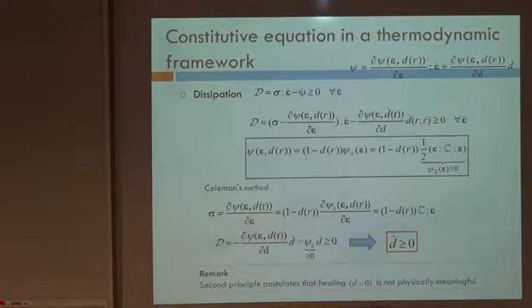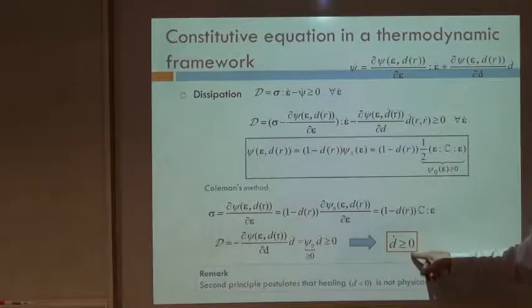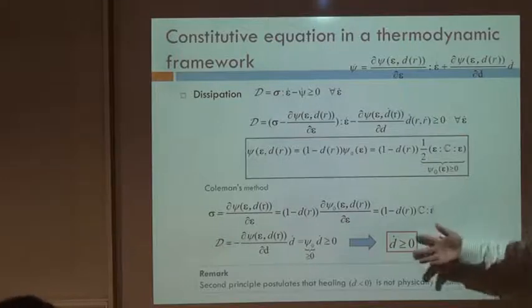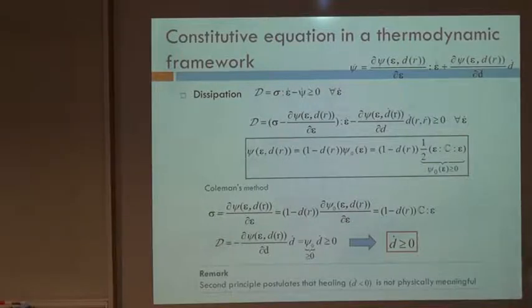The viscosity had always to be positive, and so on. Here it is saying that the evolution of the damage variable has always to be positive. And that proves how useful this approach is, because otherwise it would be very difficult, even in more complicated models, to place such restrictions. Okay?